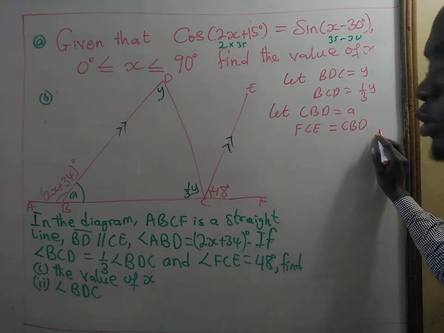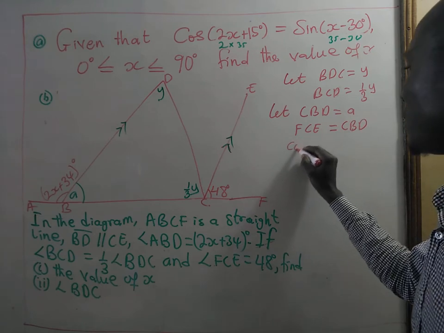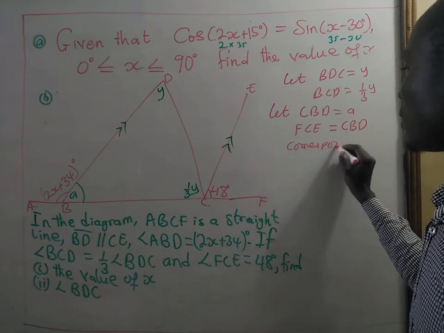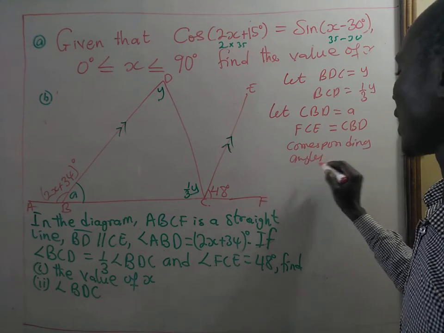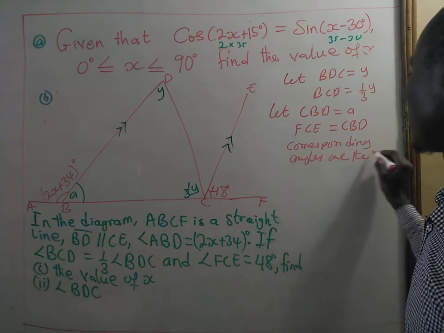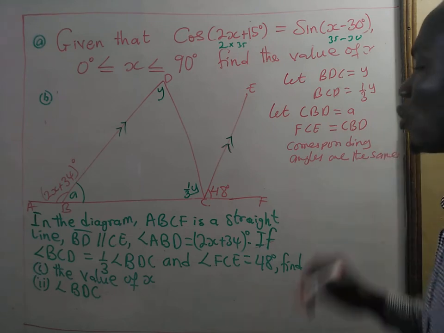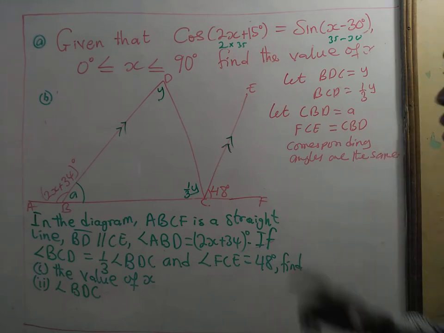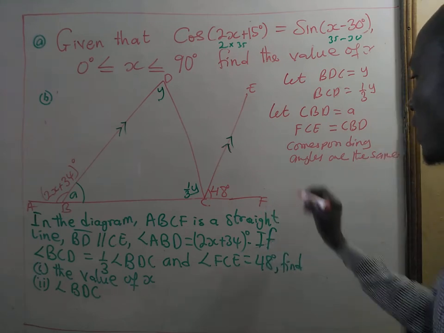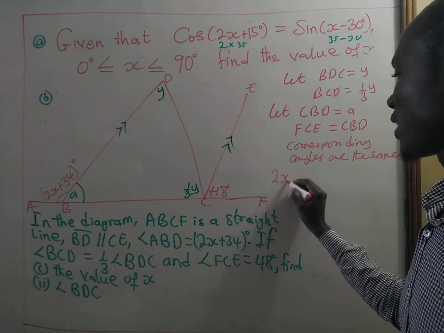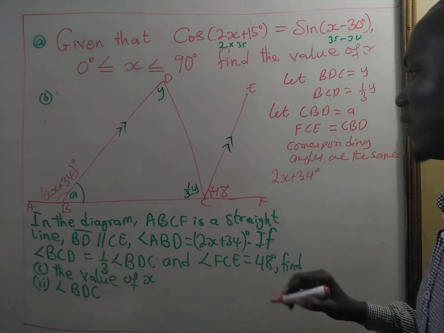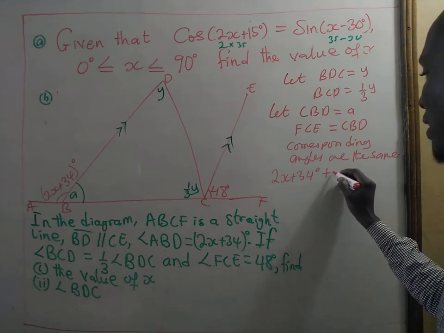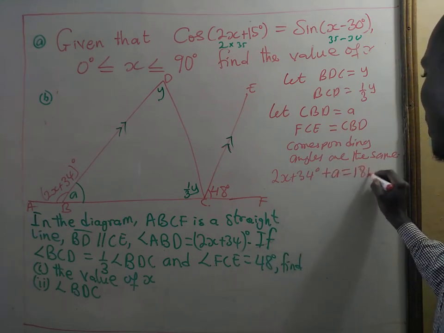Then you state the property, that is, corresponding angles are the same or equal. Now, we have 2x plus 34 degrees plus A is equal to 180 degrees.